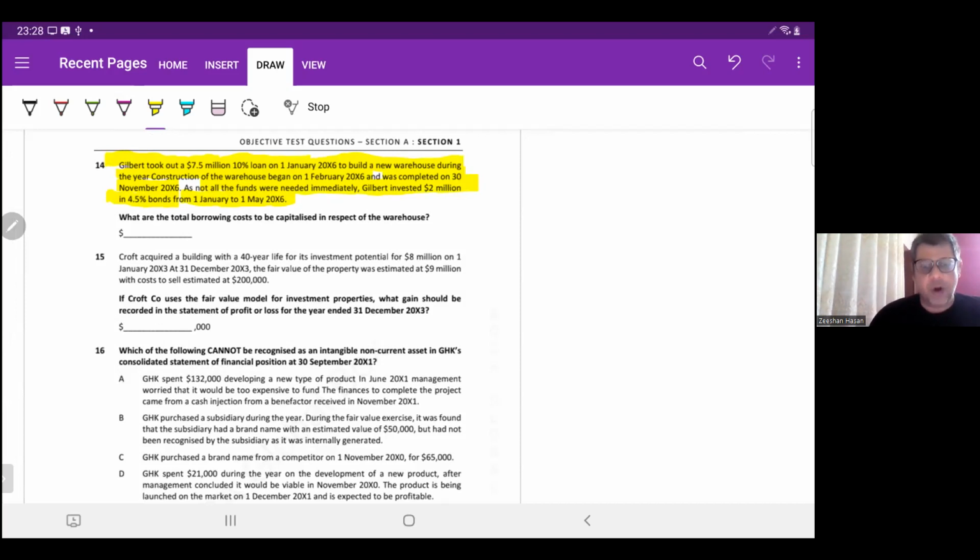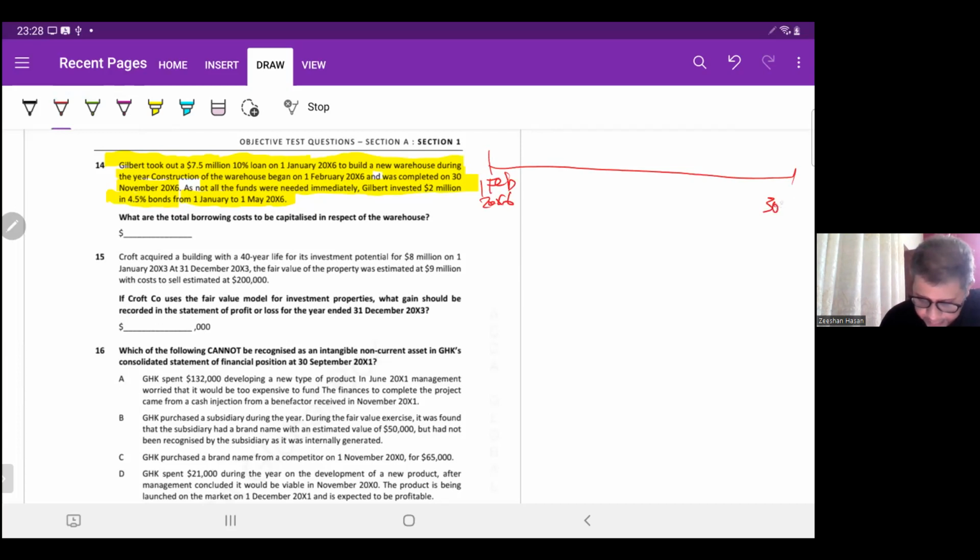As you know, the interest can only be capitalized during the period of construction, which is from 1st February X6. Therefore, the interest can be capitalized for 10 months, being from 1st February to 30th November.